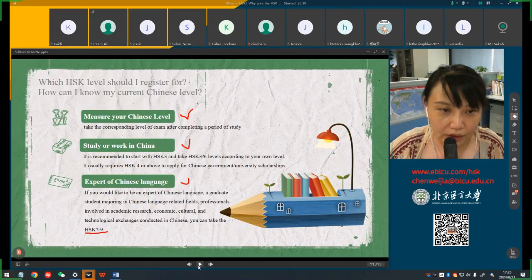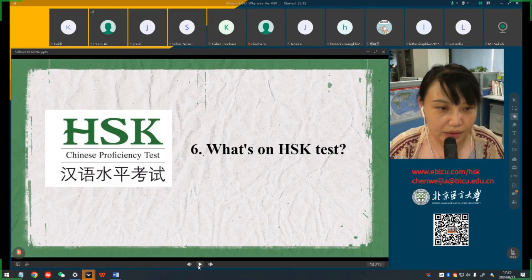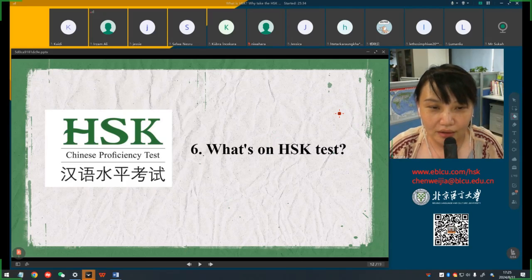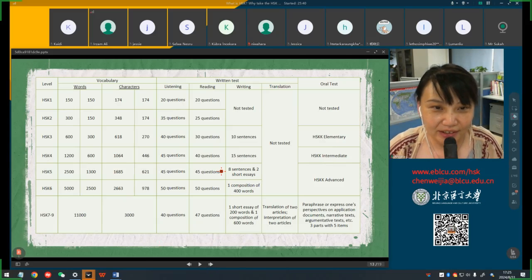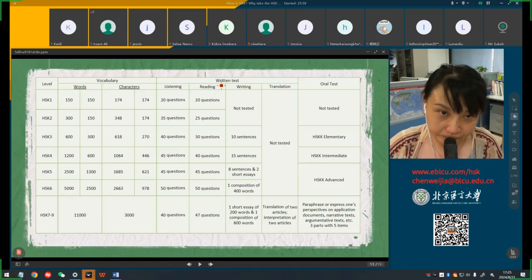Okay, so then the next question will be, what's on the HSK test? You can take a look at here. I listed the levels and the test, including 2 parts, actually 3 parts if including HSK 7 to 9.